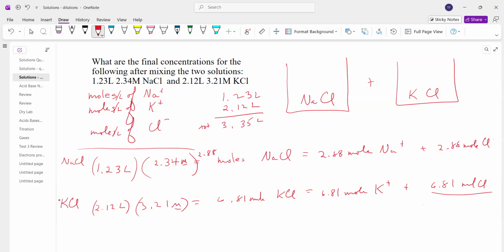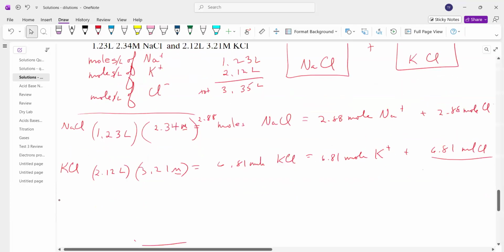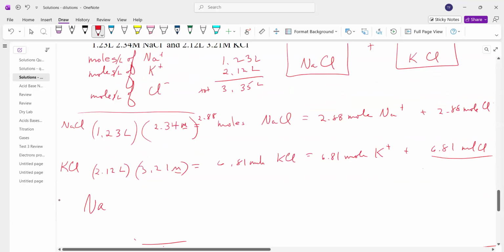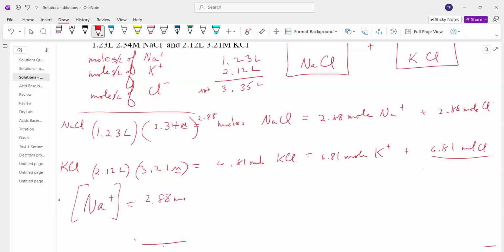Okay, so let's look now at concentration of sodium ions. Remember, square brackets is the same as molarity. Okay, so we have sodium is 288 moles in 335 liters.